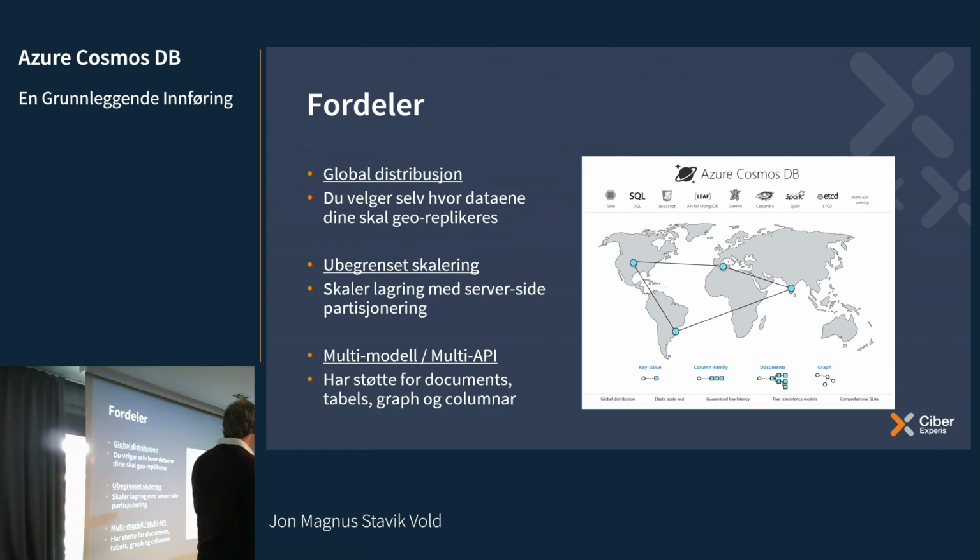And there's a very good illustration, the picture over here, where you see the Cosmos DB database is located in Central America, North of Africa, in India, and South America. So if you have users all over the world, they have a very fast response time.